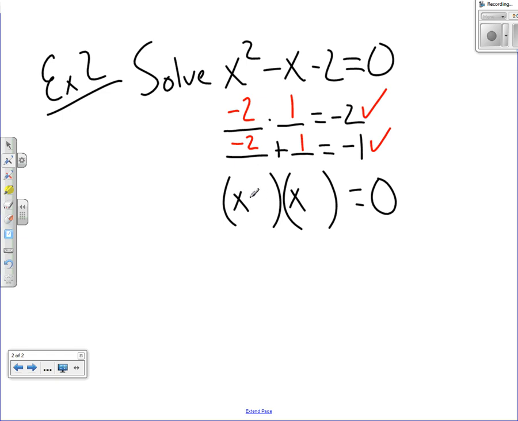In this first space, we can put our -2 because that's what makes it -2 down here. This one is positive. We're going to drop down our +1 to give us a factor of x plus 1. And now we are almost home free. We just need to set each of these factors to 0 and solve each one for x.